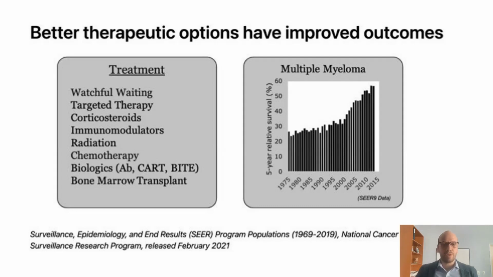The figure on the right shows data from the National Cancer Institute and illustrates that the 5-year relative survival for patients with multiple myeloma relative to their counterparts has improved from just below 30% as few as 3 decades ago to nearly 60% in the mid-2010s. Now, this increased survivorship also means that there are increasing demands on the clinical laboratory to provide reliable information to identify patients who will benefit from these therapies, and monitor them for progression of their disease.